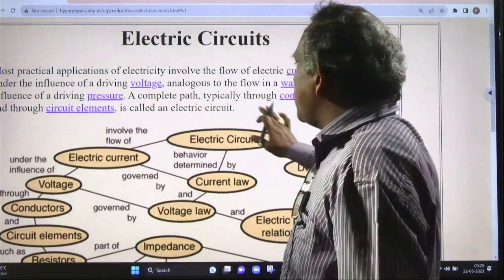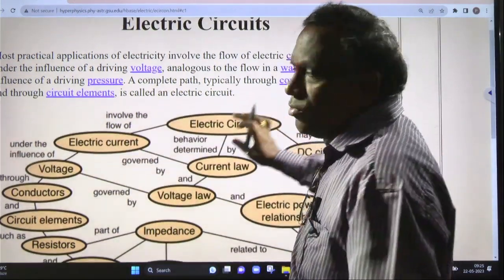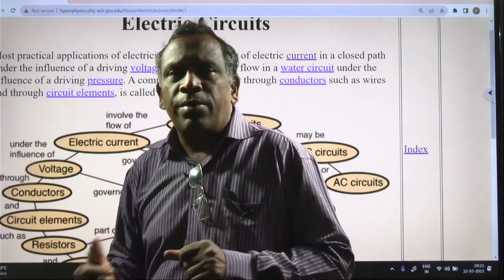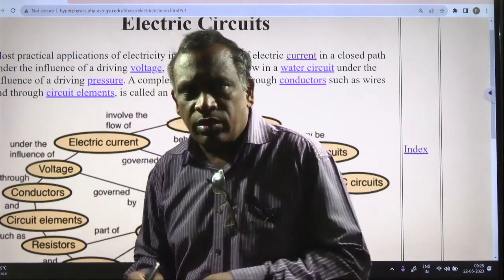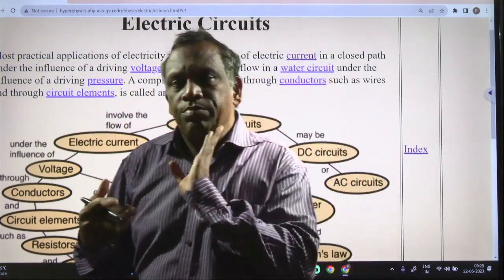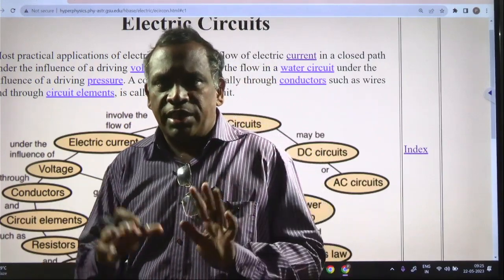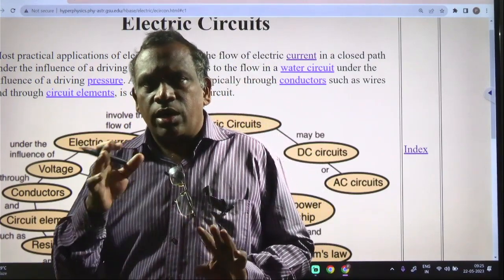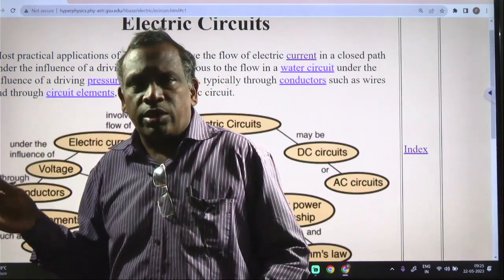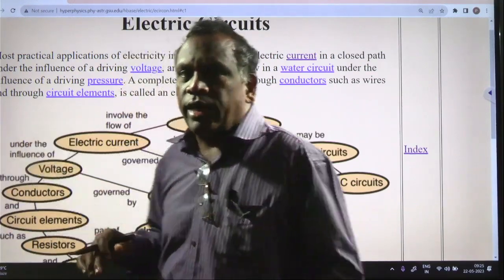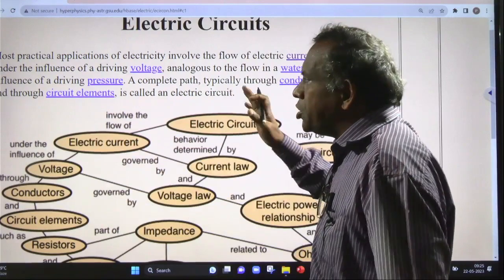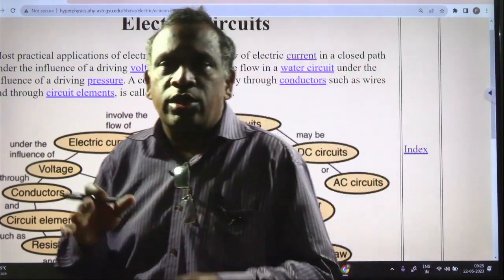Of course, compare this with the flow of water in water columns, with low pressure and high pressure. Water travels from high pressure to low pressure. Similarly here, current travels from higher potential to lower potential, higher voltage to lower voltage.